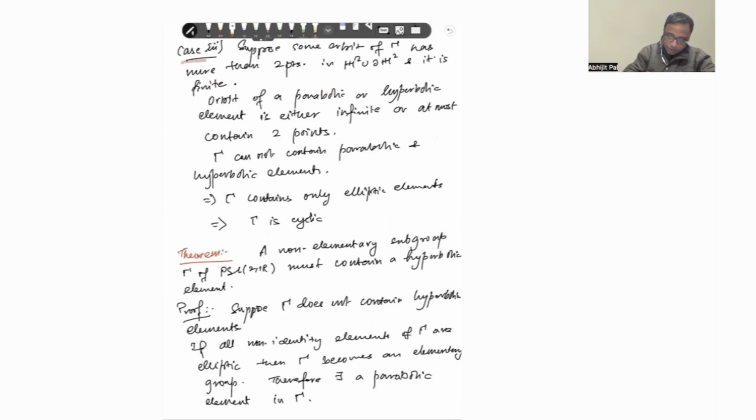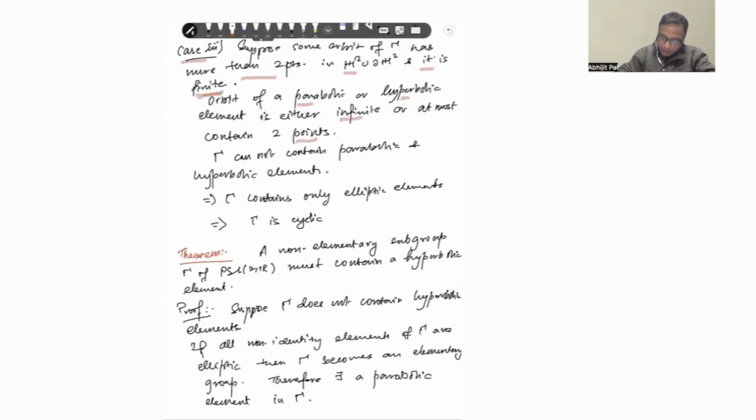Now what is case 3? Suppose some orbit of gamma has more than 2 points in the upper half plane union the boundary, and it is, of course, finite. So note that we have assumed that the orbit is finite, so we cannot take this orbit to be infinite. So the orbit of a parabolic or hyperbolic element is either infinite or at most contains 2 points.